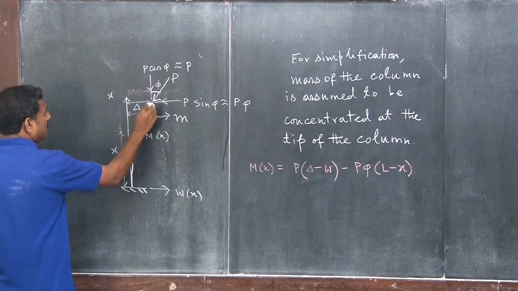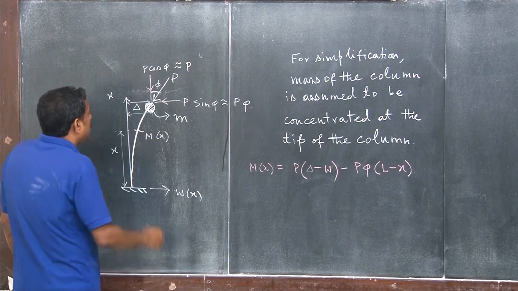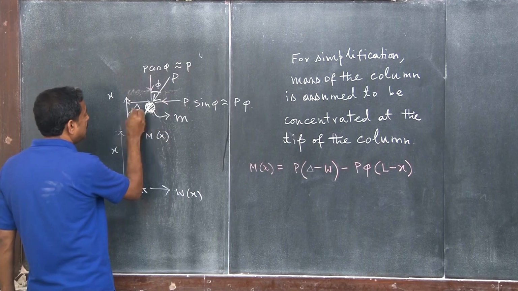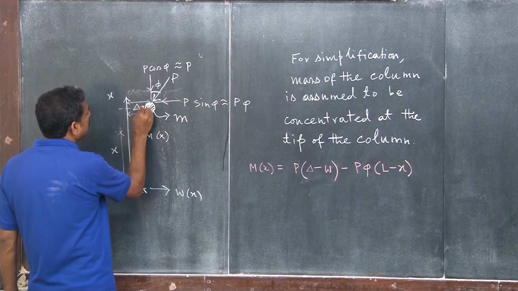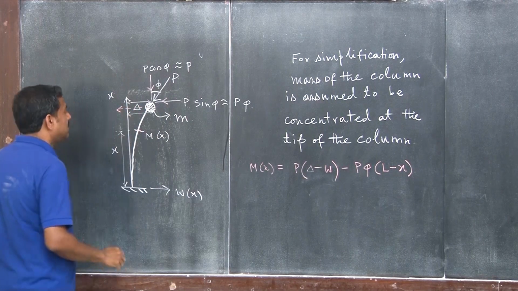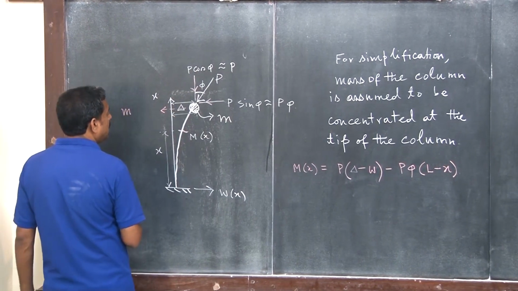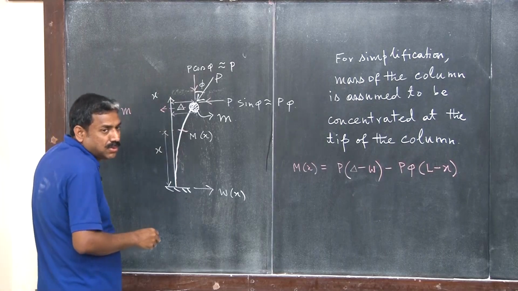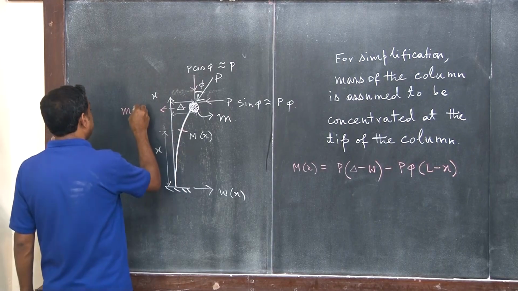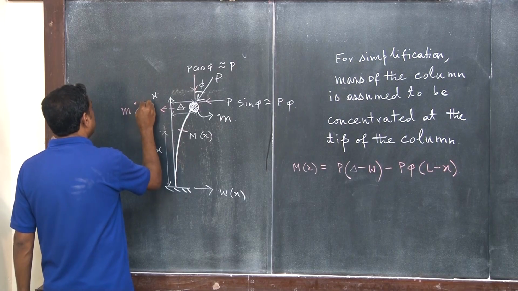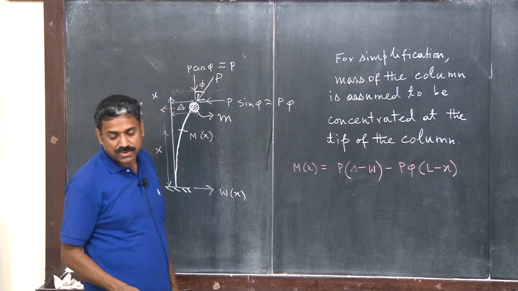But if you consider inertia, what will also be contributed? The inertia force. If the displacement is in this direction, this inertia force is also going to act like this. And what is the inertia force? I am assuming this mass, so mass m into u double dot, which is basically delta double dot. That's what we assume, right?